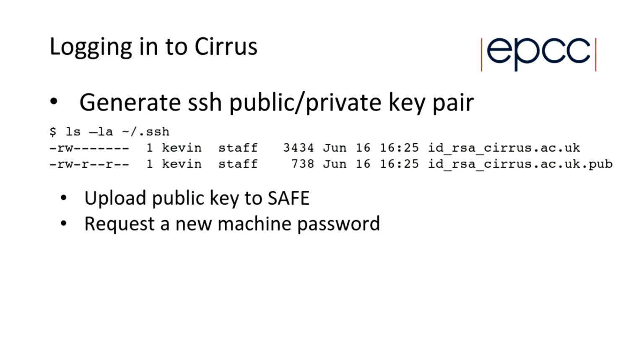So I have a directory .ssh in my home directory, in which I have an SSH public and private key pair, with exactly those permissions, and so you upload the public piece to the safe and you should be on your way. Please, if you find yourself copying the private key around, I suspect you are doing something wrong. The private key is private and should remain so.